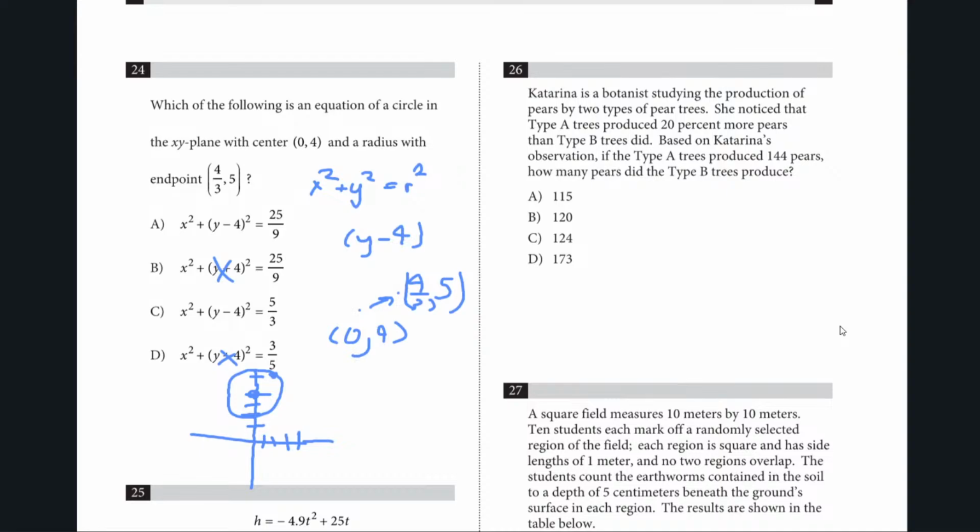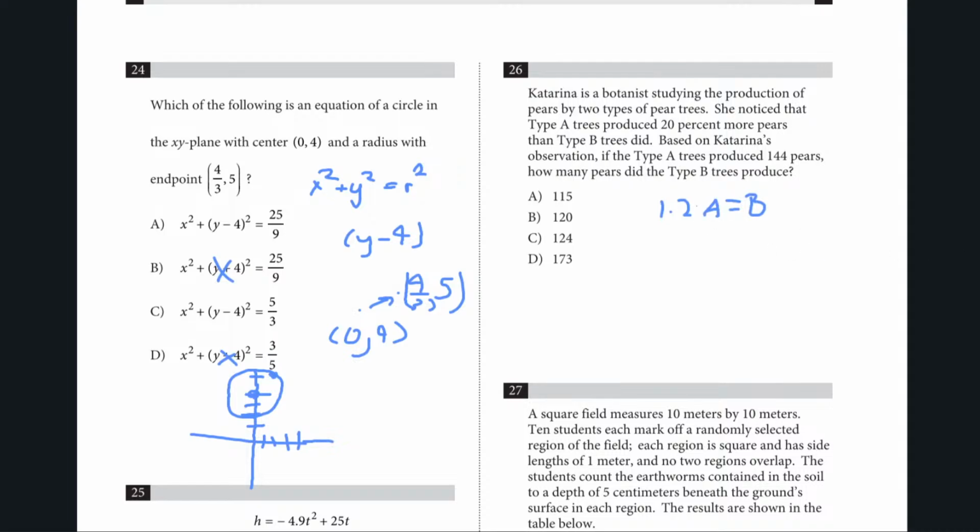Katrina is a botanist studying the production of pears of two types of trees. She noticed that type A trees produce 20% more pears than type B trees did. Based on Katrina's observation, if the type A trees produce 144 pears, how many pears did type B trees produce? Well, 1.2 times A is equal to B, and we know 1.2 times A is equal to 144?